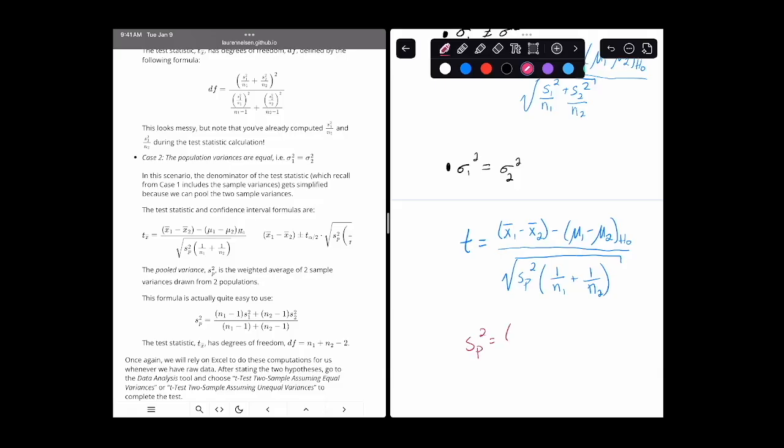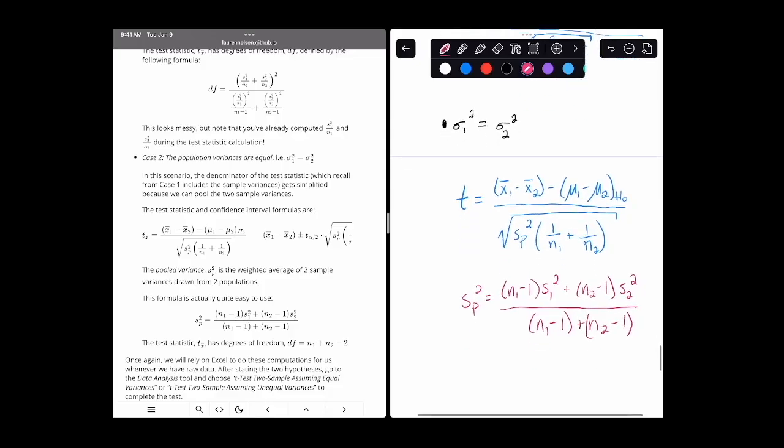So this is n1 minus 1 times s1 squared plus n2 minus 1 times s2 squared, all over n1 minus 1 plus n2 minus 1. And this denominator, you might notice, looks kind of like the sum of degrees of freedom that we've dealt with in the past.